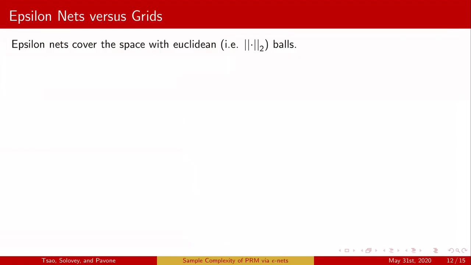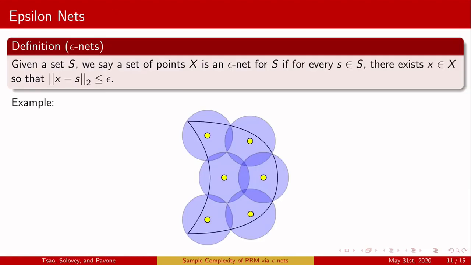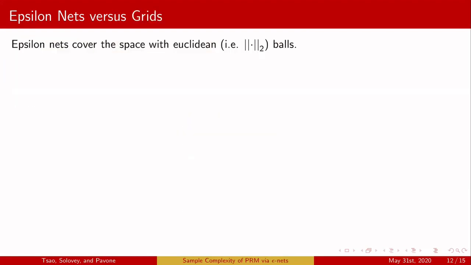And it's important when talking about deterministic sampling to discuss grids, because grids are very popular ways of doing deterministic sampling. And what we want to point out here is the following. Epsilon nets, as we saw over here, they cover the space with Euclidean balls, okay? Grids, on the other hand, you can think of them as covering the space with L infinity balls.